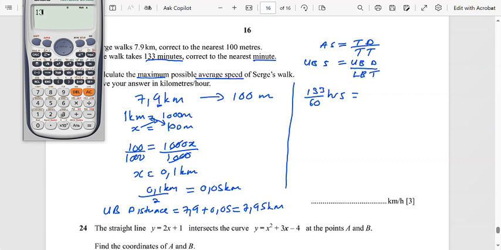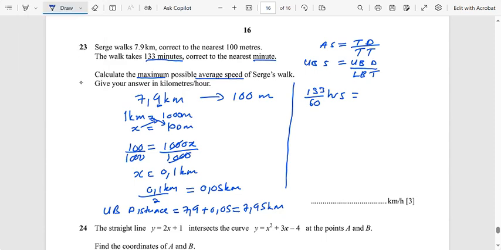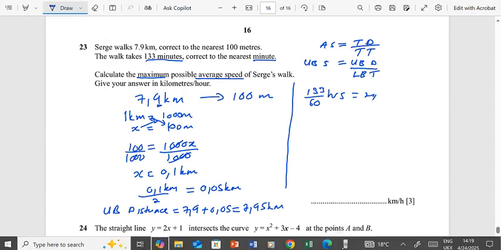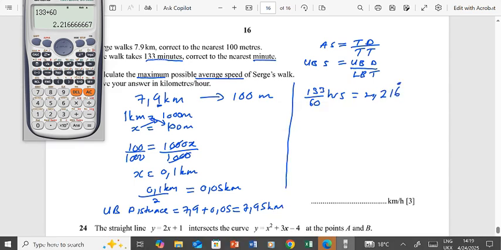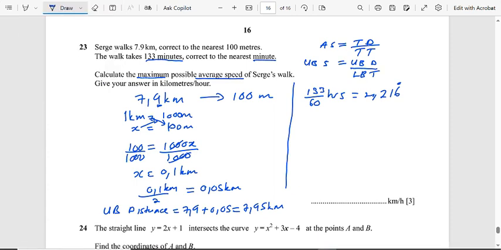I would need to keep it as a fraction on this one because that's 2.216 recurring. So that's our time in hours.